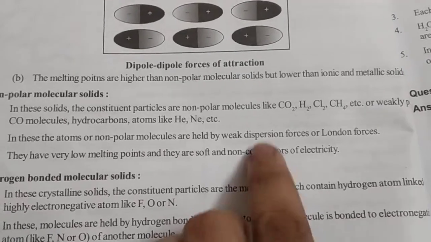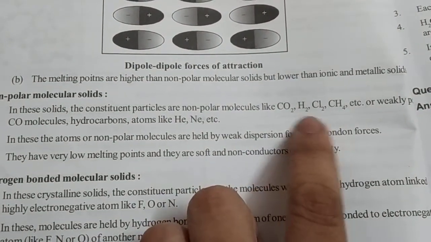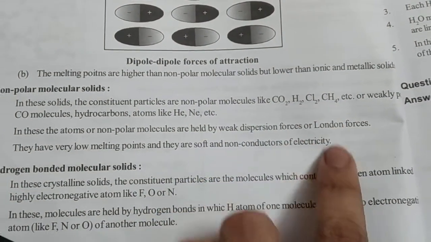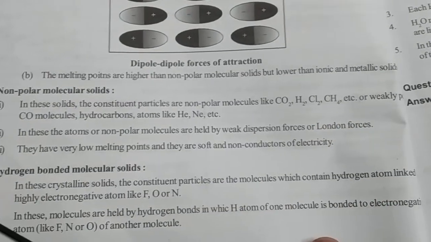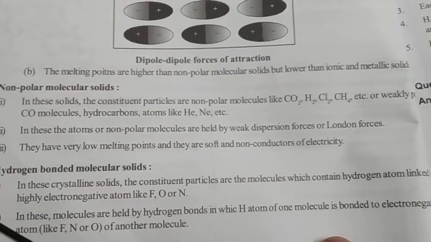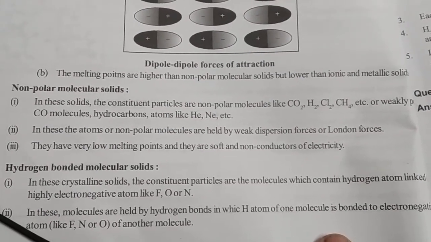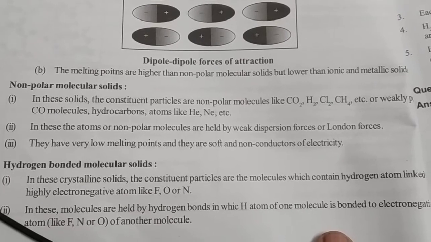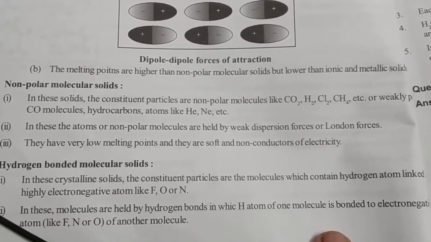Homogeneous molecules like H2 and Cl2, and between carbon and hydrogen there is less electronegativity difference, and the same goes for CO2 or weakly polar CO molecules, hydrocarbons, and atoms like helium and neon. They are all non-polar molecular solids.